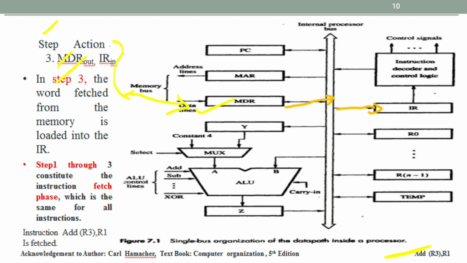Whatever instruction is loaded into MDR will be outputted onto the internal processor bus. So the IR in control signal will take this instruction into it. This is how the instruction which was stored in a memory location is finally loaded into the instruction register of the processor.